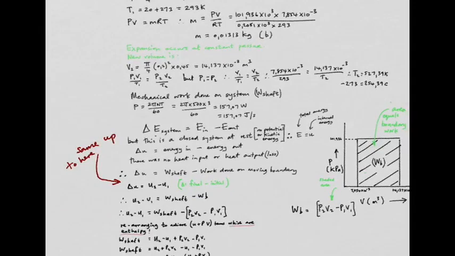Change in internal energy. We got to the point where we said it was the work done by the shaft minus the work done on the moving boundary. So the change in internal energy can also be seen as final internal energy minus initial internal energy, U2 minus U1, because remember, final minus initial gives you change.